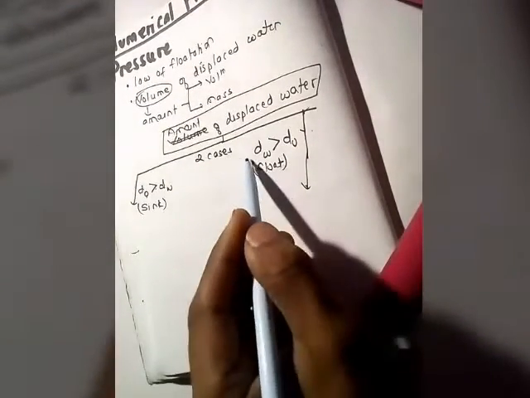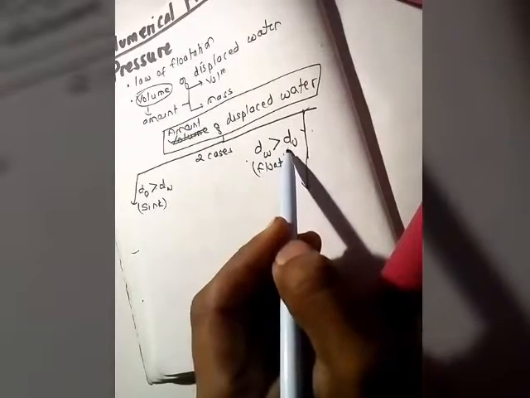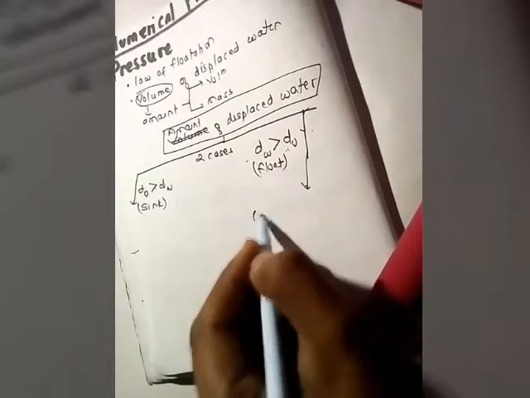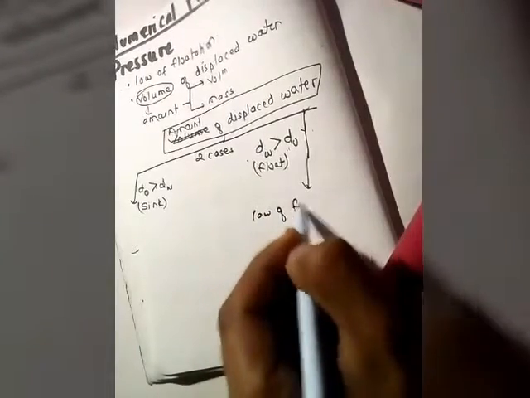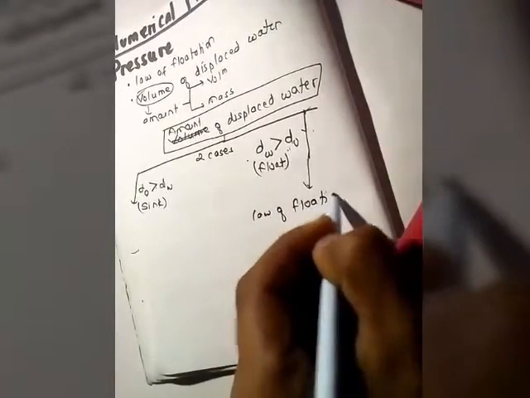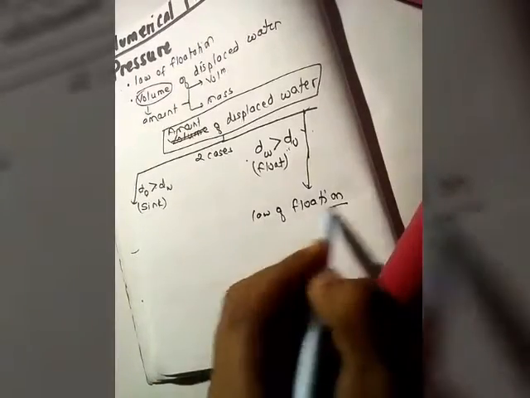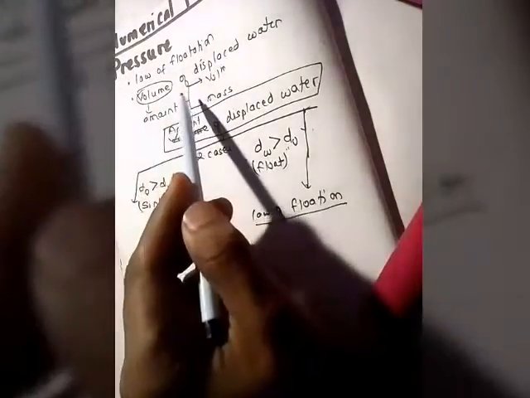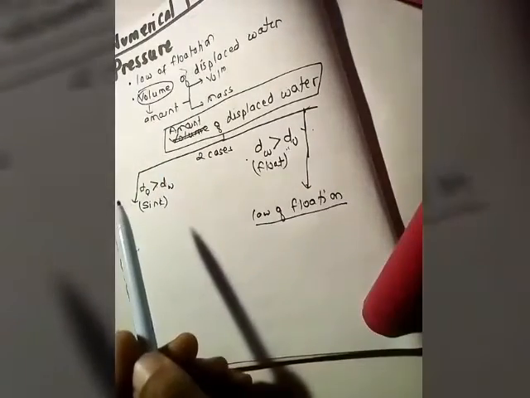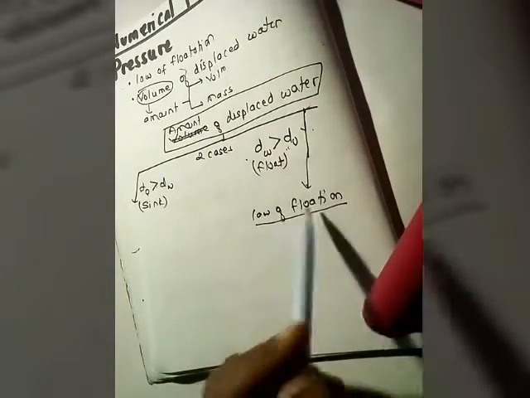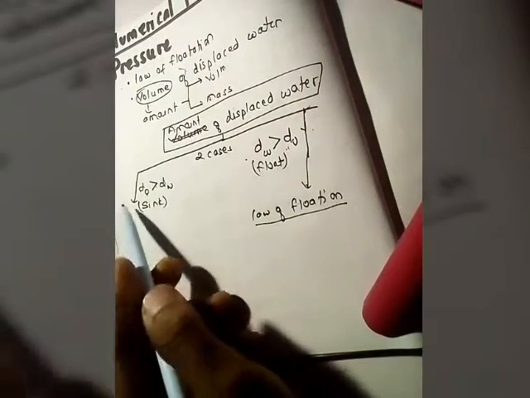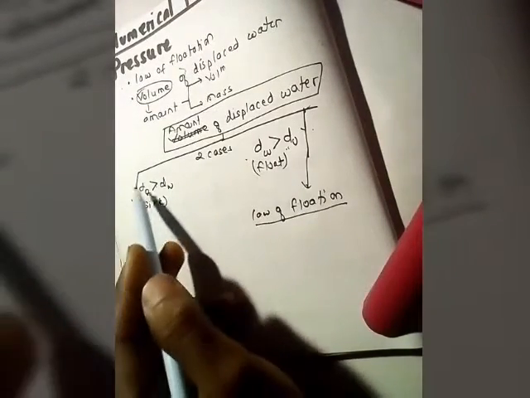Now if the density of water is greater than the density of the object, we can simply apply the law of flotation. You can see the videos on the laws of flotation that we made before, and from there you can get the concept. For right now, let's deal with what happens when the object sinks.